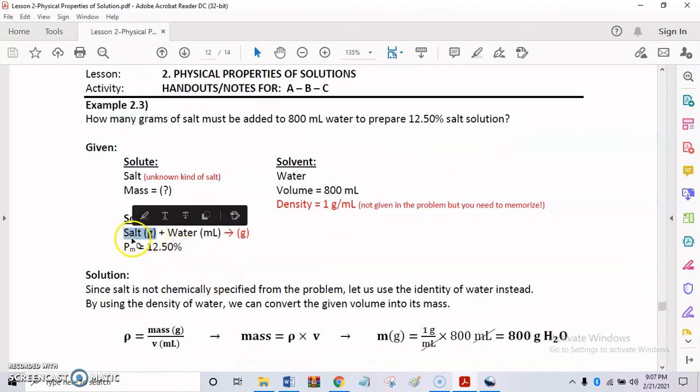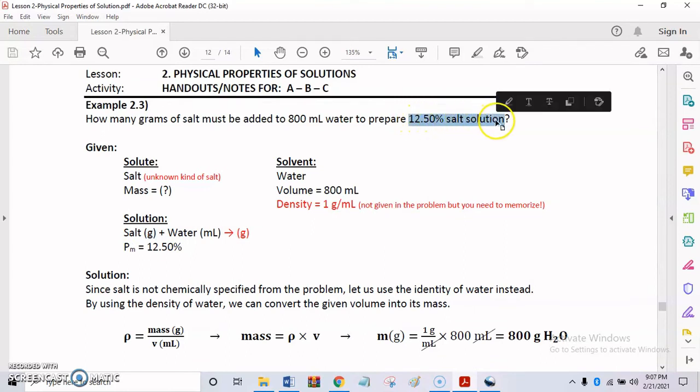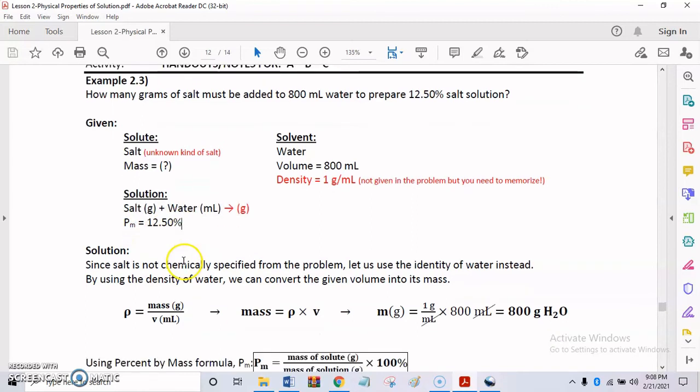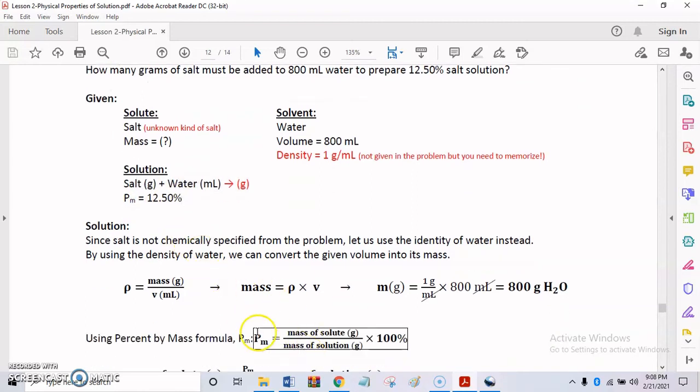Given here is a 12.50% salt solution. So, that is percent by mass, okay? Mass, because grams of salt is what we are looking for. So, percent by mass is 12.50%. Percent by mass is mass of solute in terms of gram over mass of solution.